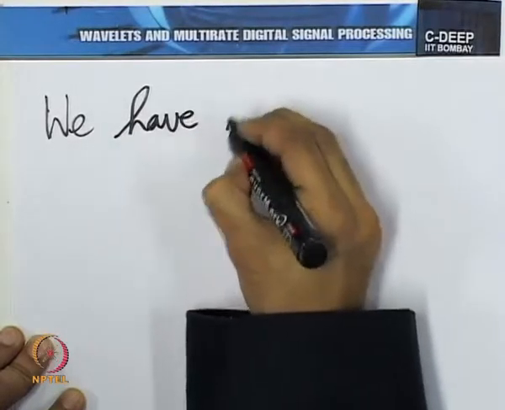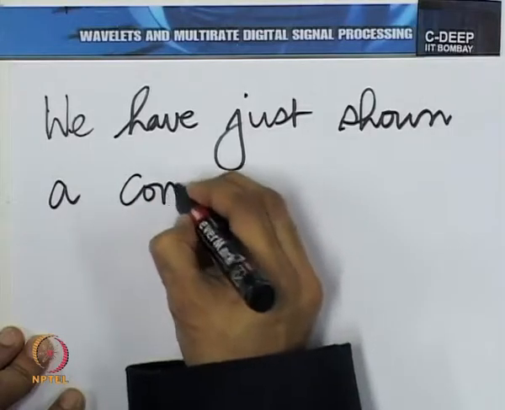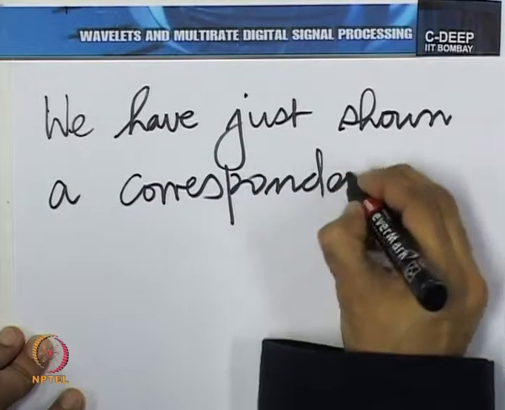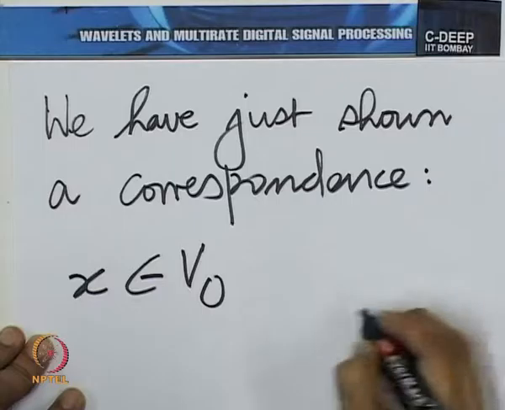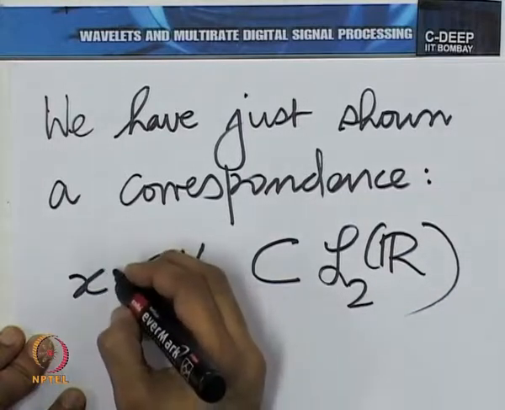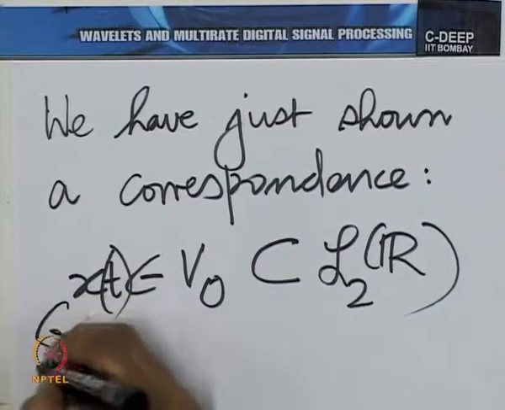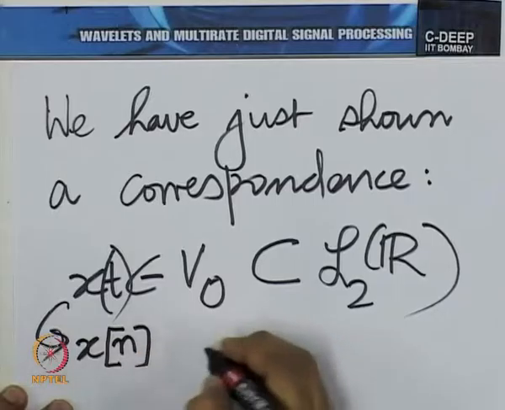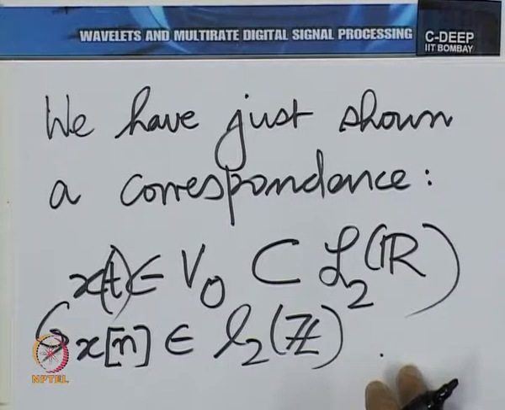So, we have just shown a correspondence: if x belongs to V 0, which in turn is a subspace of L 2 R, of course, here we are talking about a continuous time function x of t, then we have the corresponding x of n belonging to small l 2 Z. Of course, we can make a similar inference for other values of p, but that is not of consequence at the moment. So, we shall not go into it.